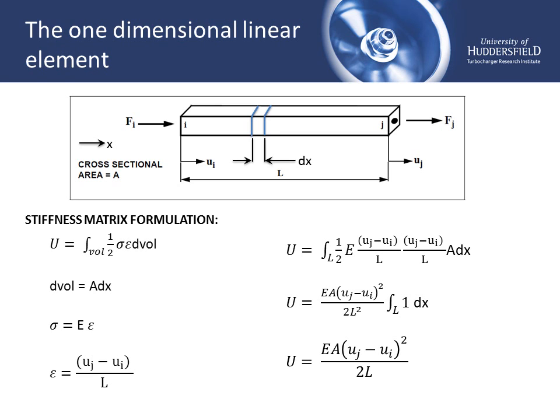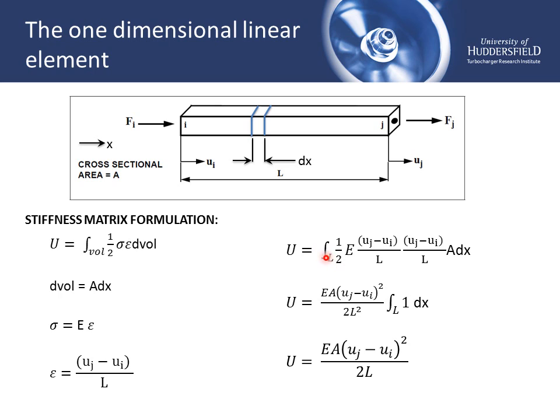So that's this equation here. Let's just run through what we've got there. We've got Young's modulus times strain, so that's the stress term. Then we've got the strain term, change in length divided by original length. Then we've got A dx in place of d vol, and we need to be integrating over the length now.